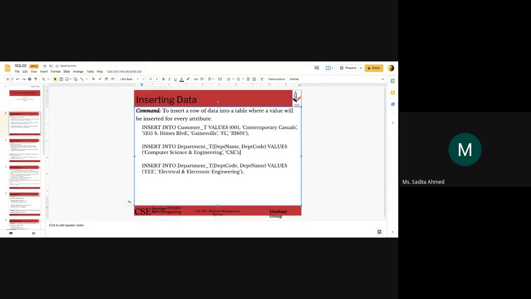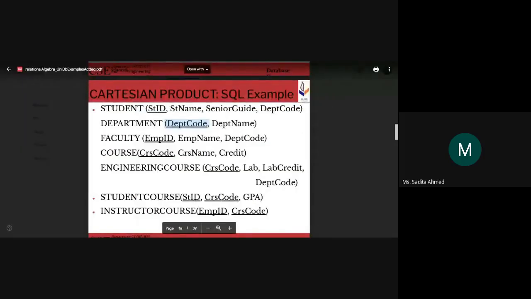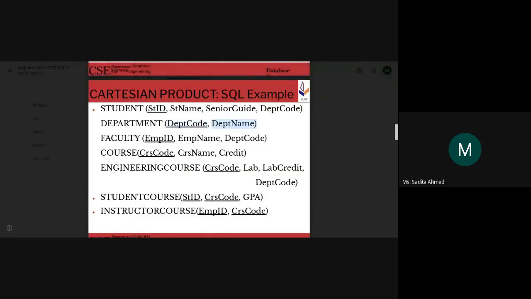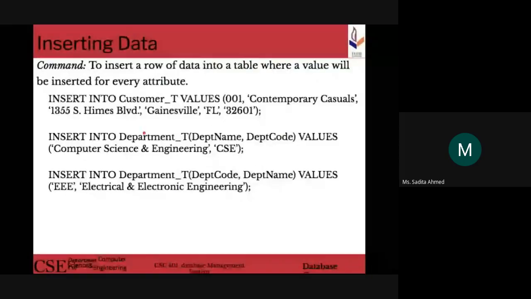So see here, this command will work. Notice that the department name is first, the department code is second. In the relational schema, my department code is first, department name later. But when we are inserting for this command specifically, the department name comes first, but the code comes later.